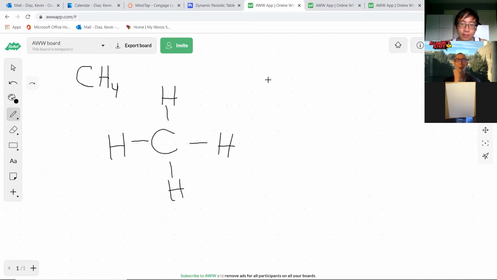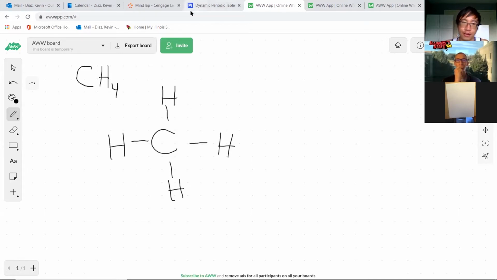And so what I learned was that formal charge is really how many electrons a specific element likes to have around it. And so that's basically just valence electrons, right? Valence electrons are how many electrons an element likes in its outermost shell. And so it's sort of the same concept with formal charge.